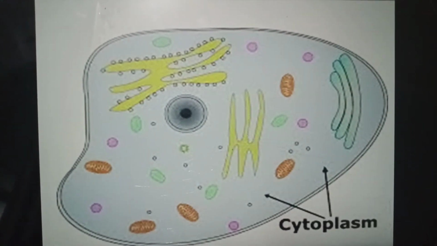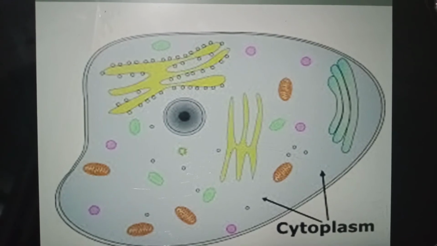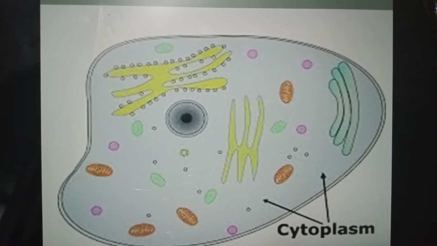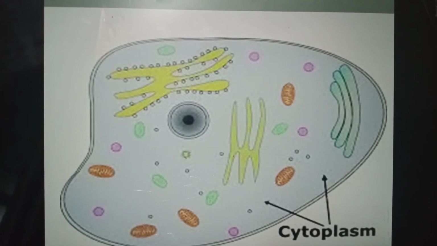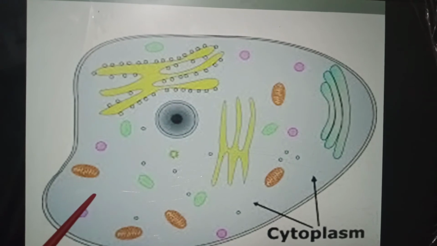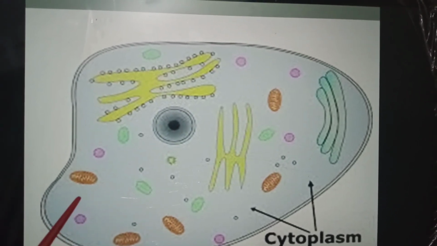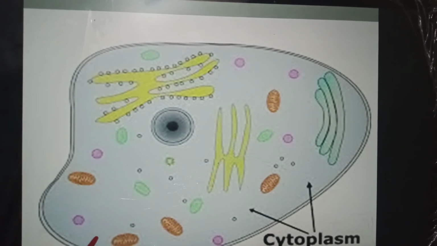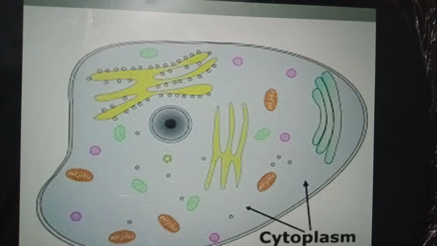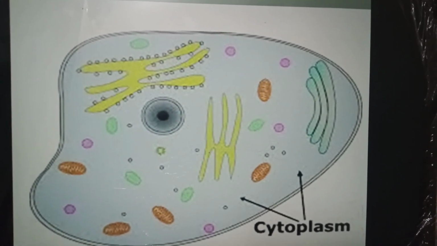Now I will discuss the cytoplasm, which is the semi-viscous and semi-transparent substance between the plasma membrane and the nuclear envelope. So here is the cytoplasm. It contains water in which many organic molecules, which are proteins, carbohydrates, lipids, and inorganic salts, are completely or partially dissolved.